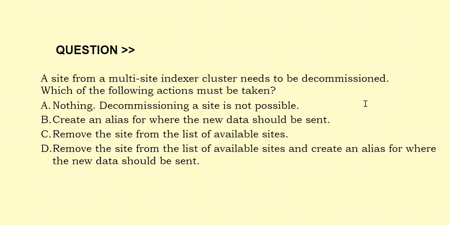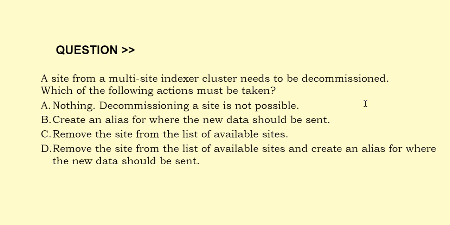A site from the multi-site indexer cluster needs to be decommissioned. Which of the following actions must be taken? Option A. Nothing. Decommissioning a site is not possible. Option B. Create an alias for where the new data should be sent. Option C. Remove the site from the list of available sites.